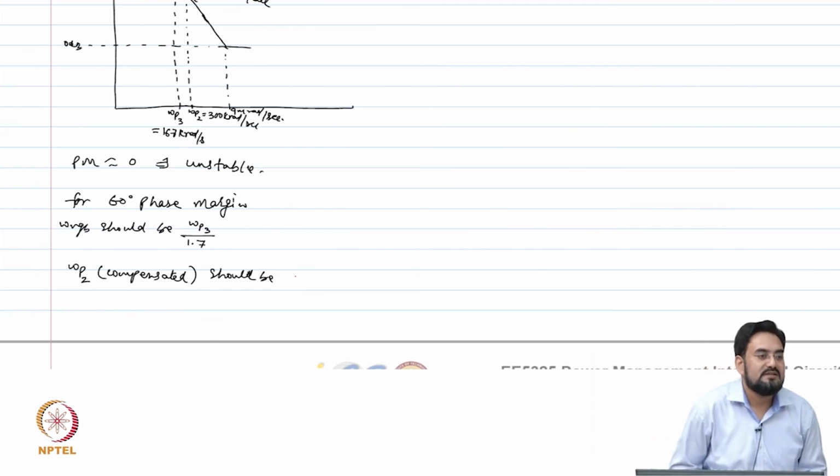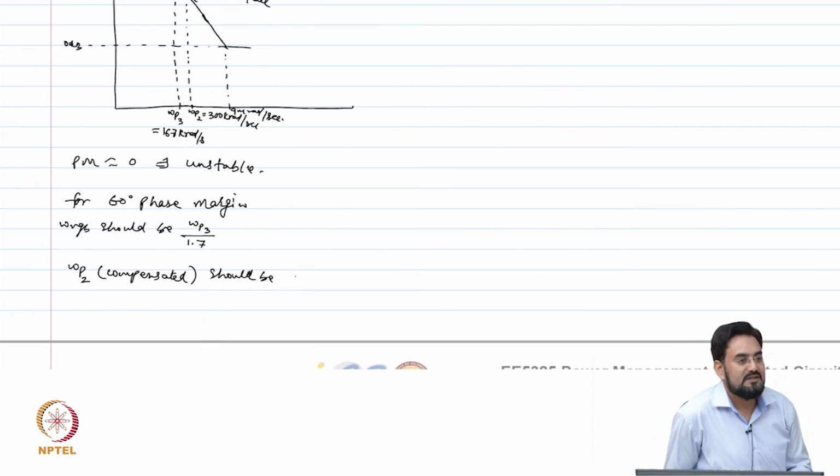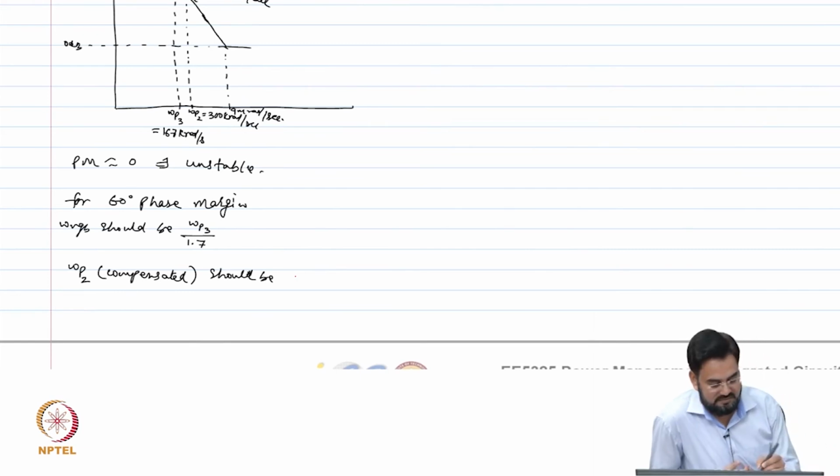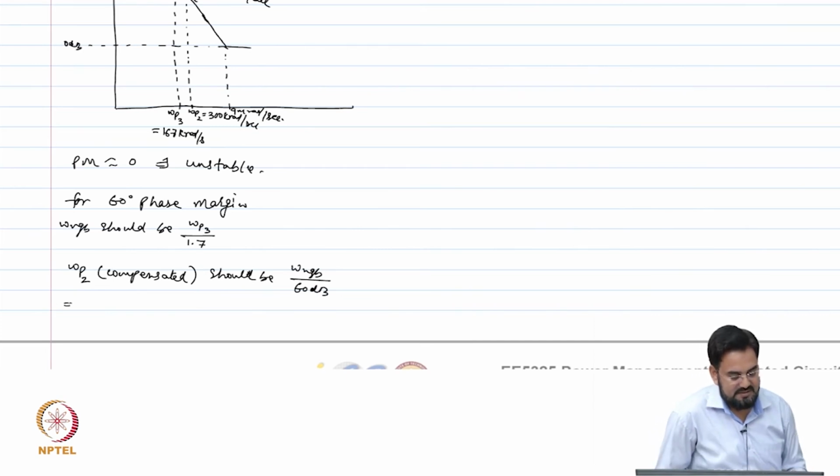Omega UGB divided by your gain. The gain is 60 dB, which means 1000.